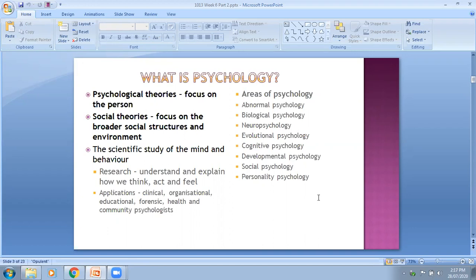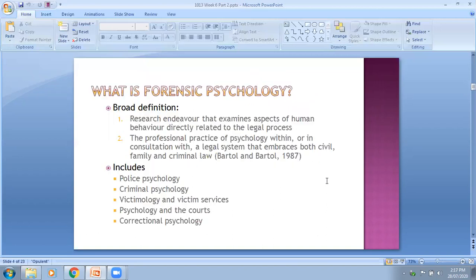So if you wanted to do one of these, you would do your undergrad in psychology and then you would be doing your master's or your PhD focusing on one of these areas. And, you know, neuropsychology would be people who can work in hospitals with those people who have unfortunately suffered brain injuries. There's a lot that goes on.